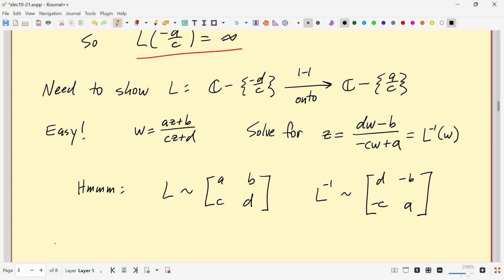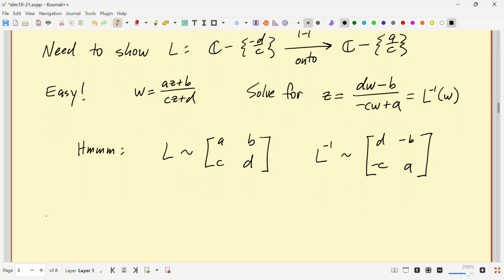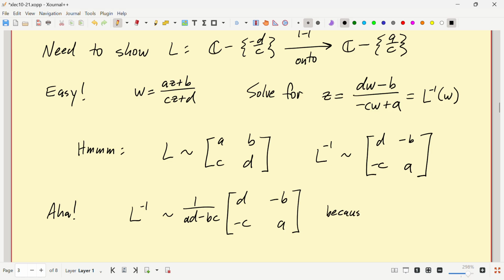So here's an aha moment. If I multiply those two rows by 1 over the determinant, I would get the same linear fractional transformation. So L inverse also corresponds to the matrix multiplied by 1 over the determinant, because now I get the same constant in the numerator and the denominator, and they'd cancel.